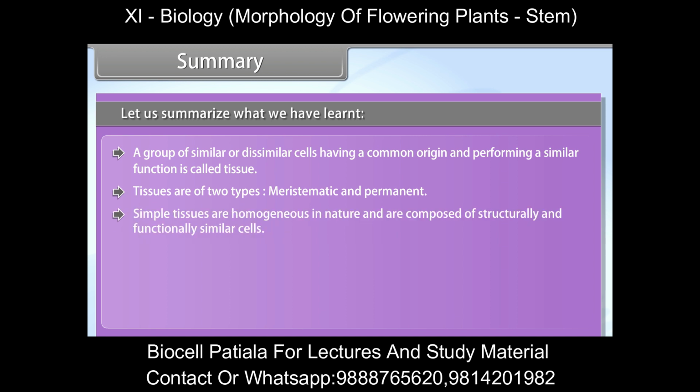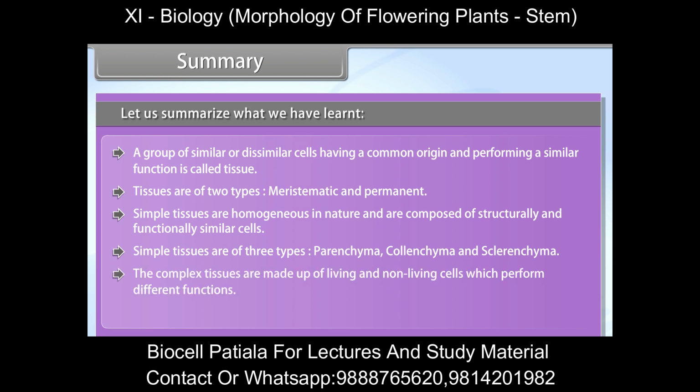Simple tissues are homogeneous in nature and are composed of structurally and functionally similar cells. Simple tissues are of three types: parenchyma, collenchyma and sclerenchyma. The complex tissues are made up of living and non-living cells which perform different functions. Complex tissues are of two types, xylem and phloem.